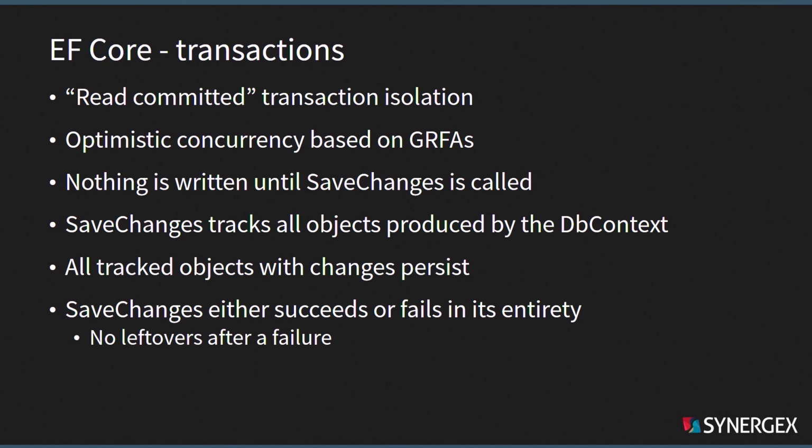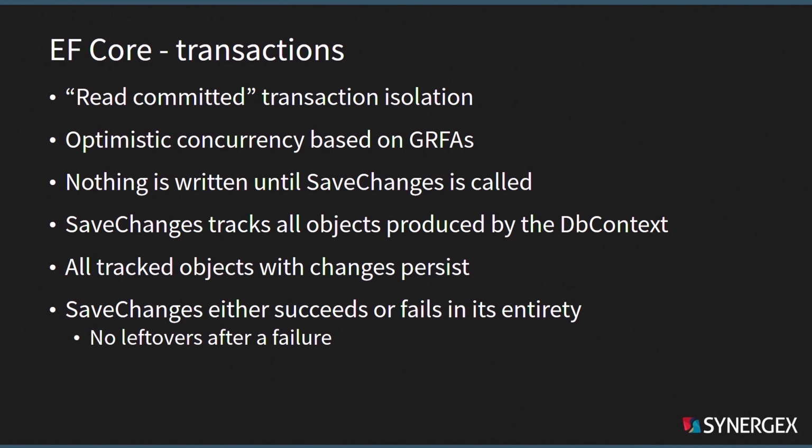Nothing is written to disk until you say save changes. So you've read a whole bunch of stuff in and you've made changes to those in memory, and there's not an EF Core provider dot store record. So you don't go after individual records and say write it to disk. You make changes to the environment and then you say, I would like to save those changes.